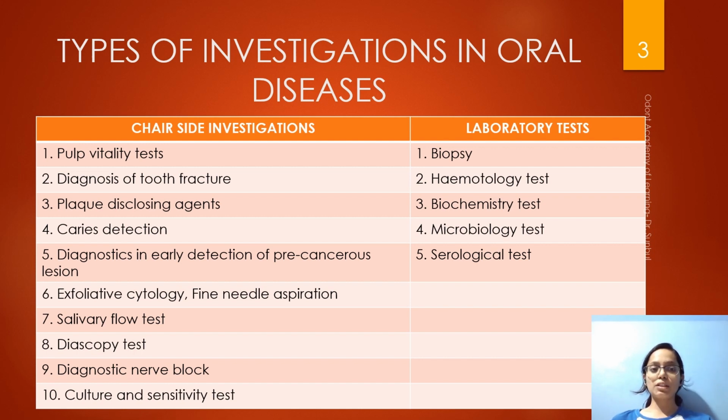There are various categories that we'll be covering: pulp vitality tests, the diagnosis of tooth fracture, plaque disclosing agents, caries detection, diagnostics and early detection of precancerous lesions, exfoliative cytology with fine needle aspiration, salivary flow test, diascopy test, diagnostic nerve block, culture and sensitivity test. We'll talk about all of these individually and understand how we do these and what kind of results they give us.